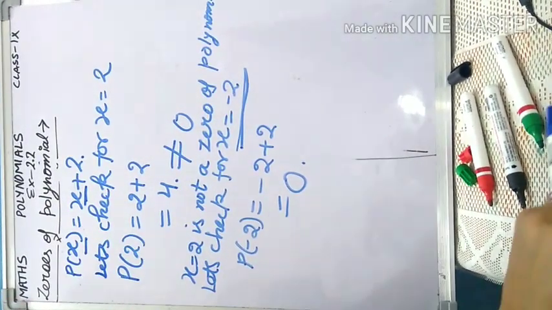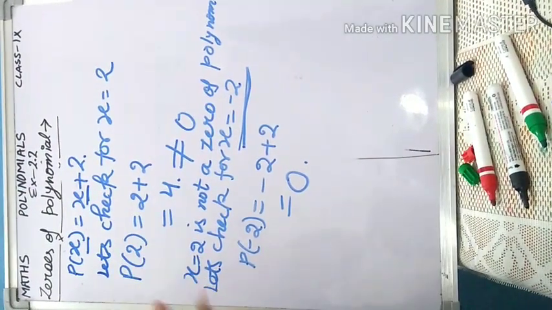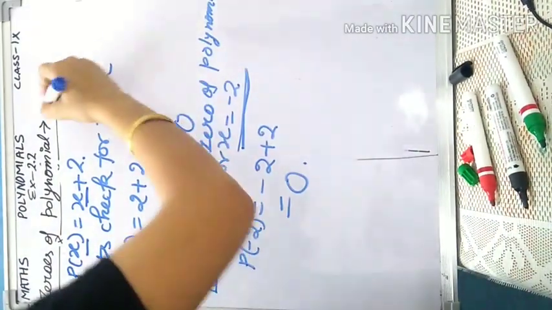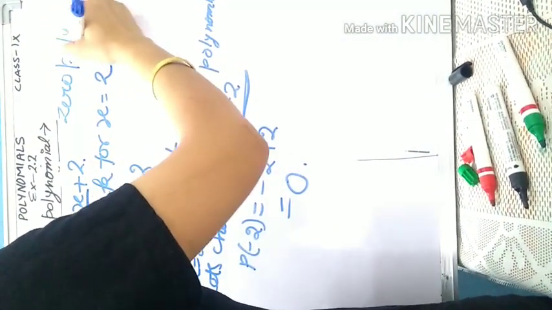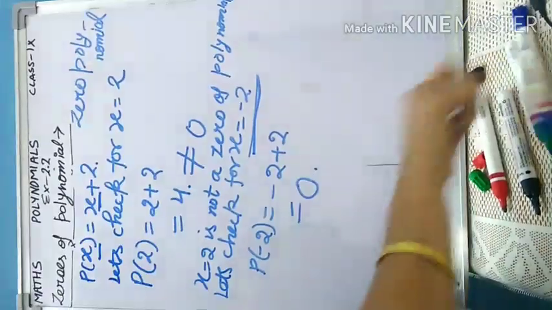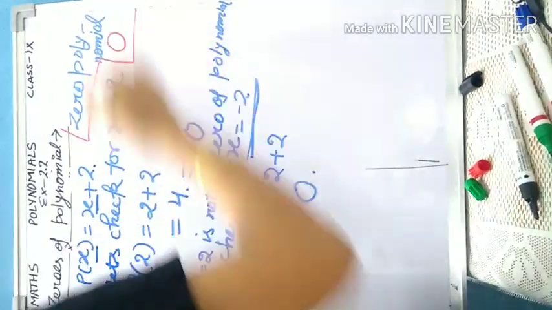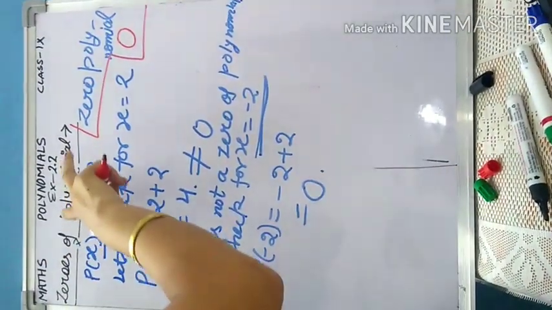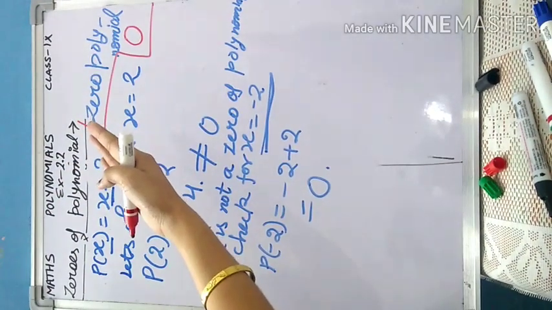Students, in the previous class, I told you about the zero polynomial. That's a different term, zero polynomial. Here we are finding the zero of a polynomial.